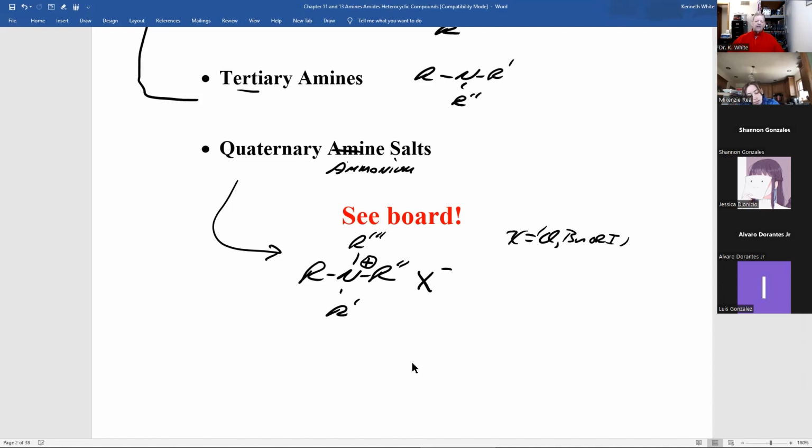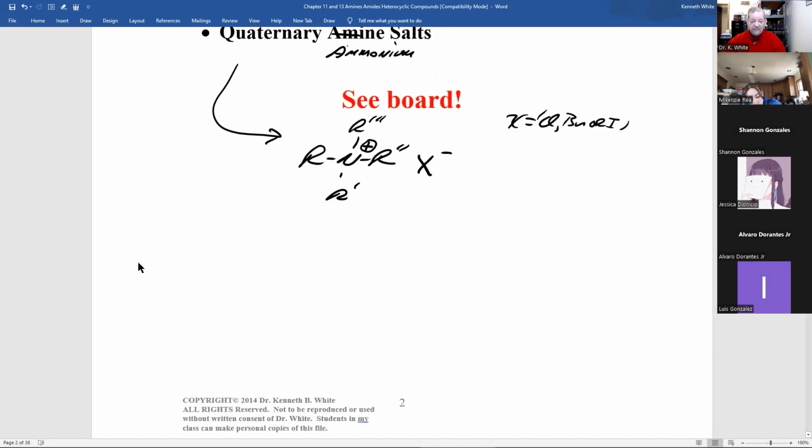Quaternary ammonium salts, and I'll only say it once, and I'll try and be a good boy. If you work with quaternary ammonium salts, and I'm a world expert in these, I have 9 patents, and most of those are with quaternary ammonium salts. We call them quats, Q-U-A-T. But for you, I'm going to use the full name. And quaternary ammonium salts, where are they used? Fabric softeners.